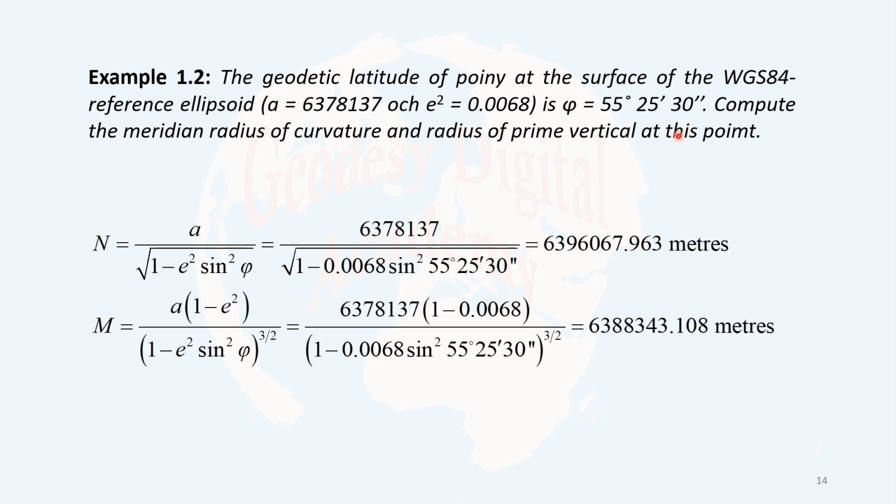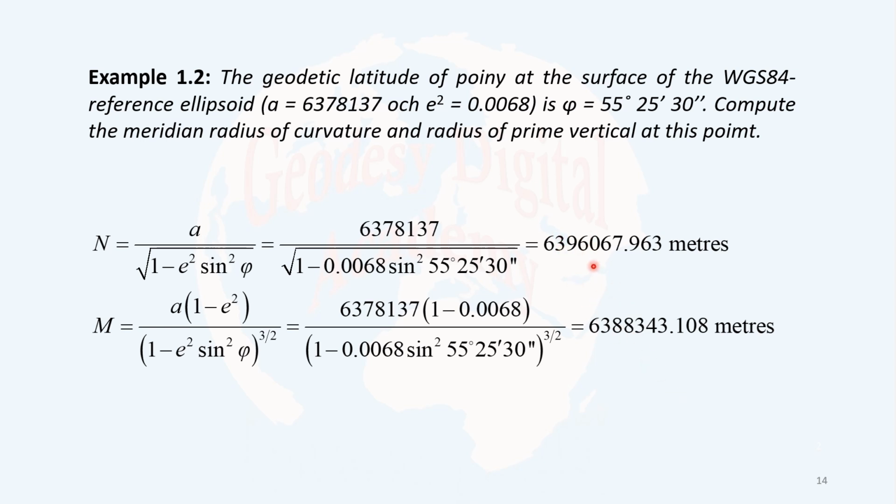So the formula for the radius of prime vertical is here. Just simply insert the numbers in the formula. You will get this value. And for the meridian radius of curvature, you can do the same. Just insert the numbers in the formula and you compute it. You see that they are around the radius of the Earth.